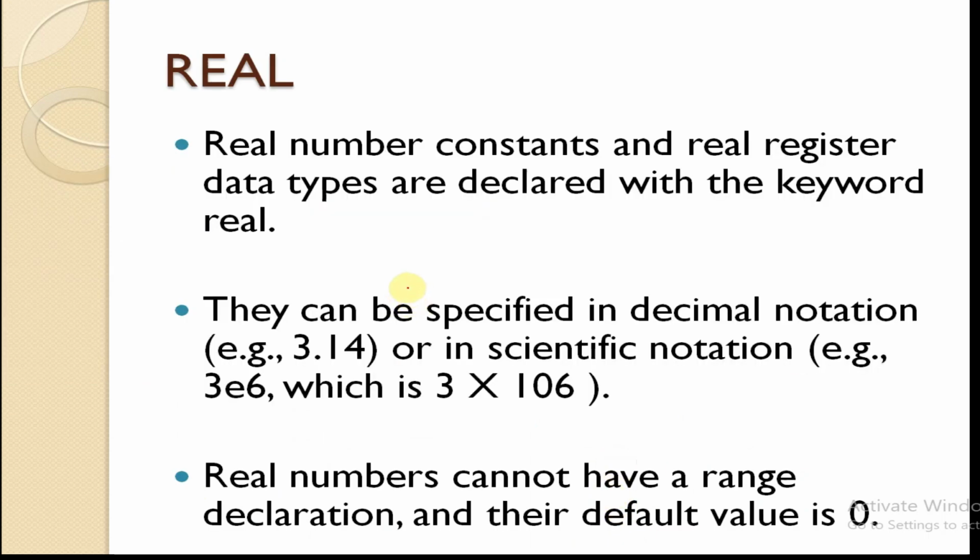So coming to real numbers. Real number constants and real register data types are declared with the keyword real. They can be specified in decimal notation, example 3.14, or in scientific notation, example 3e6, which is equal to 3 into 10 power 6.